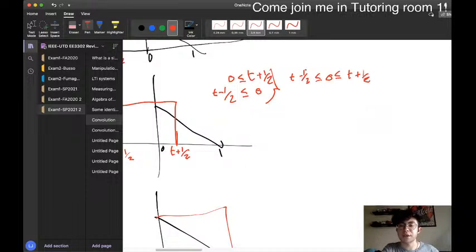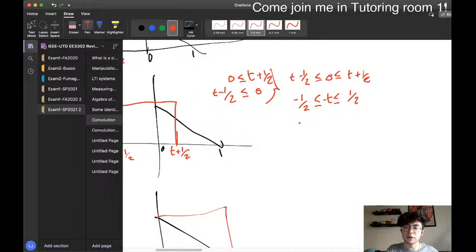Right, so let's add 1/2. Wait, hold on. Yeah, let me subtract t. So let me put t minus t. So this is 1/2, and this one is negative 1/2. And let me multiply by negative 1 on all of these.